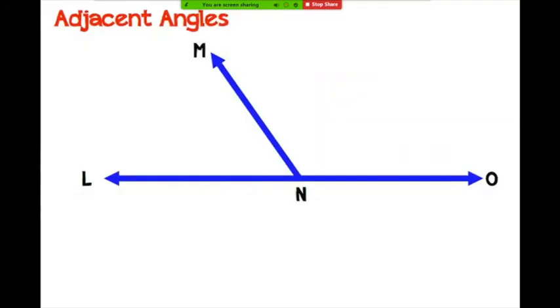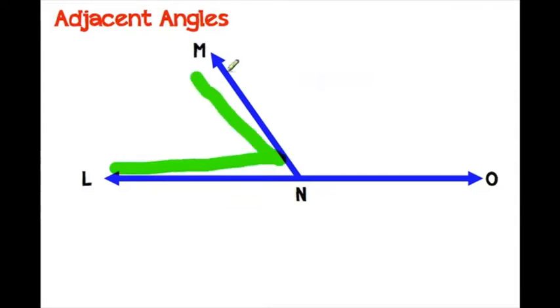Adjacent angles are right next to each other. Now, they're 2 separate angles, but they are right next to each other. They're like neighbors. So if we take a look here, angle LNM is adjacent or next to angle ONM. So again, these angles are 2 separate angles, as you can tell.